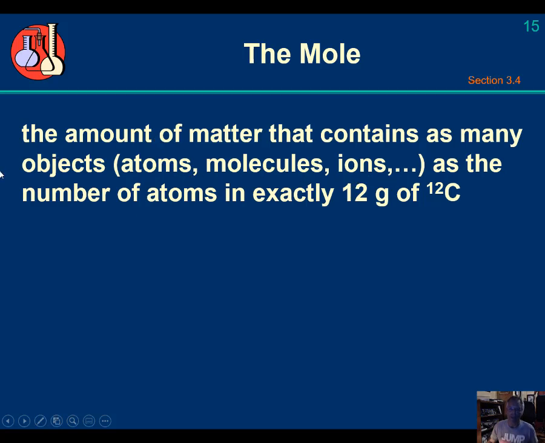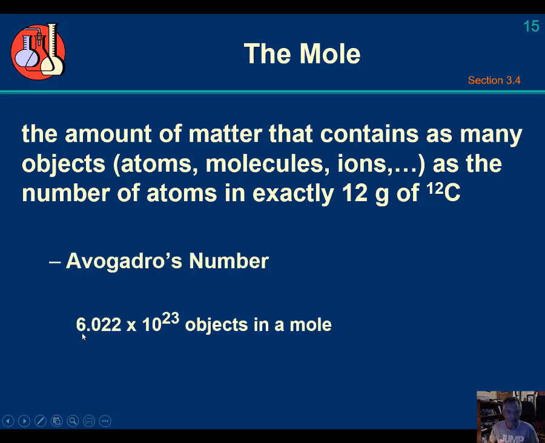That is, as many objects as there are atoms in exactly 12 grams of carbon-12, carbon-12 being our standard for the masses of all other elements on the periodic table. Carbon-12 is the standard. You ought to remember that. And that number is called Avogadro's number, and that number is 6.022 times 10 to the 23rd. And it's just a number of objects.